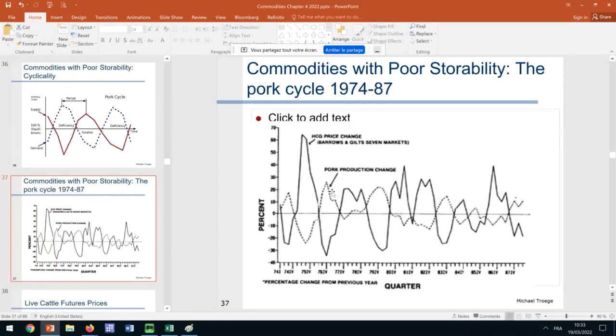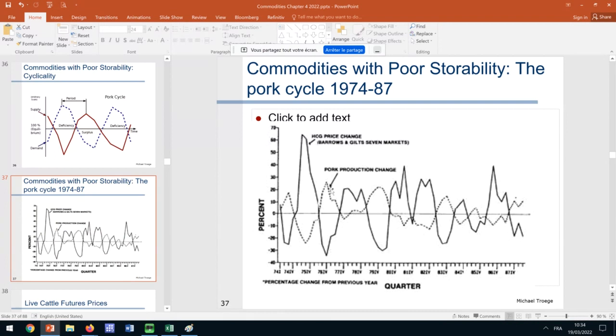You get a momentary scarcity of pork, prices go up, and then of course farmers react and start to raise new pigs. The problem is that these pigs take some time until they arrive at market, because they have to grow, and given that all the farmers start to raise pigs at the same time, looking at these prices, by the time they arrive at the market, you have an oversupply of pigs and prices crash.